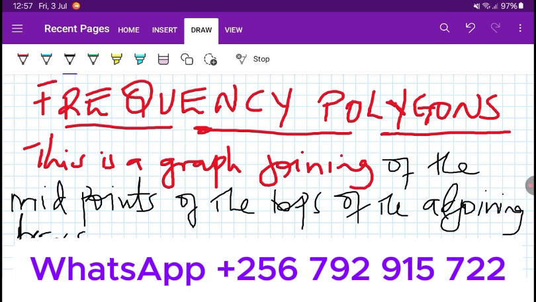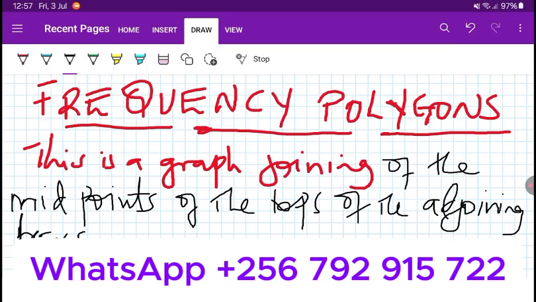When you connect the first and then the last, it is always going to be at a zero frequency because we are connecting to the horizontal axis. And remember, we said when we are drawing our graphs, we always draw these graphs with a scale starting from zero. That's why we are saying it will be at a zero frequency for us to be able to complete the frequency polygon.